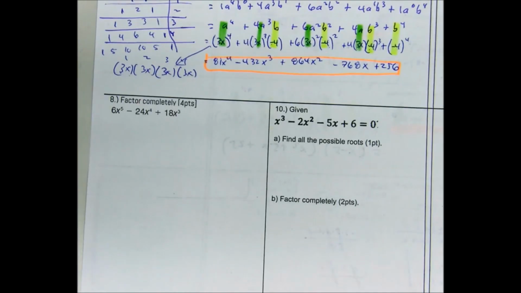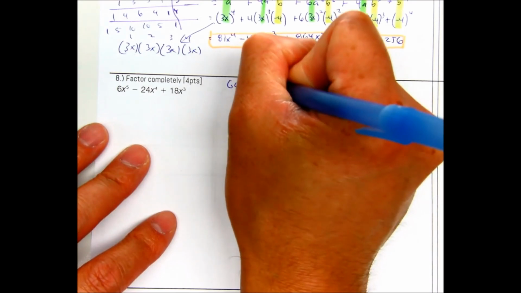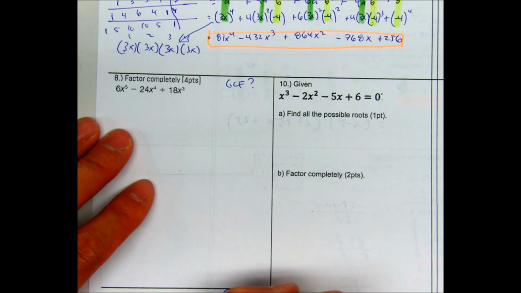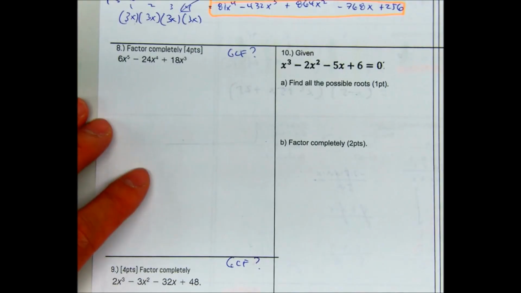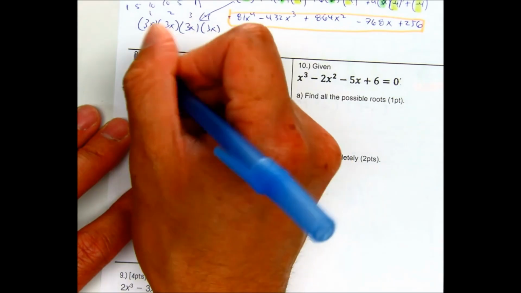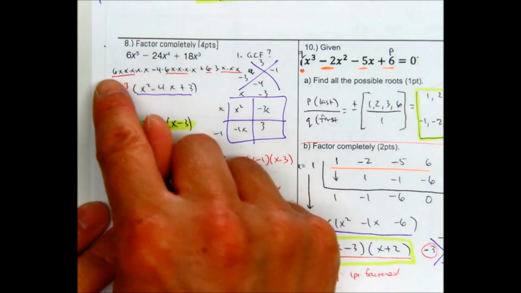Factor completely, you should always, I loved it because one student actually just wrote this: GCF. Every question that says factor, they just wrote GCF. Good idea, good idea. It does have a GCF. The GCF is, go a little quickly, faster, is 6x cubed.